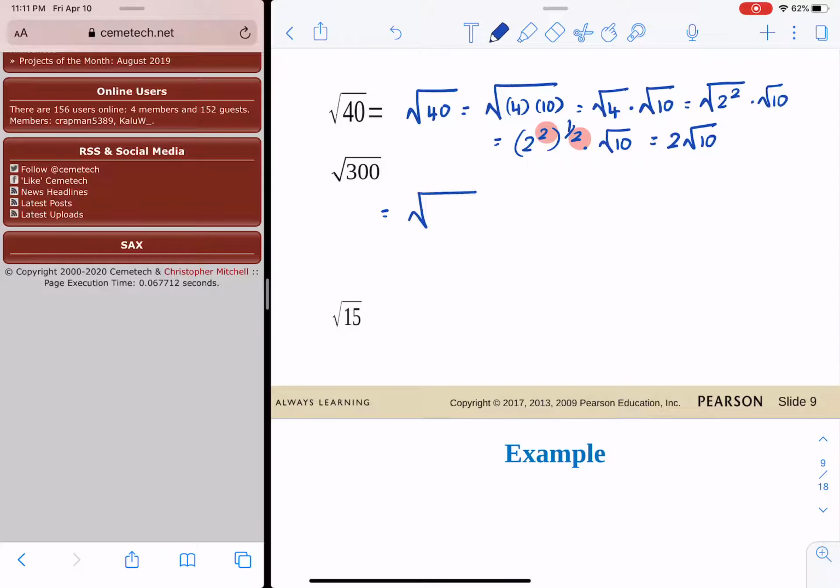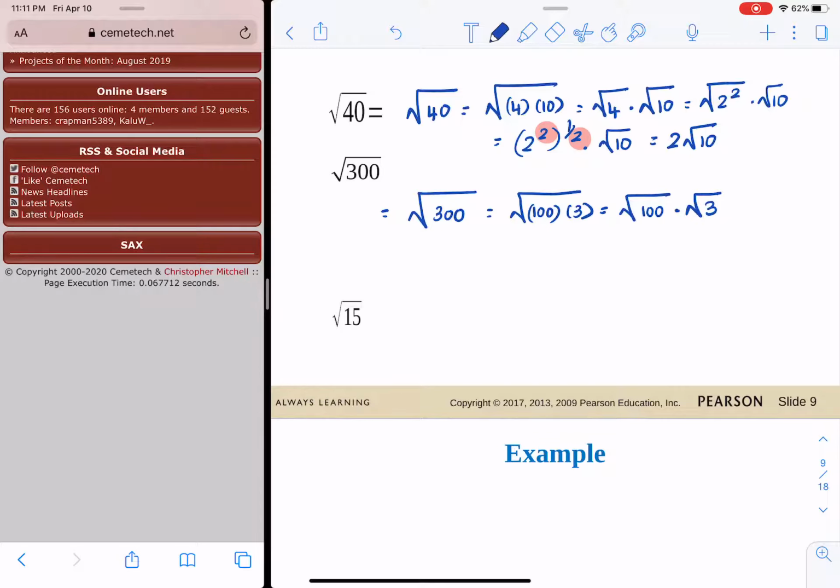Square root of 300. I want to write 300 using a power of 2. So let's say we could write 300 as 100 times 3. I can split it up and write it as square root of 100 multiplied by the square root of 3.